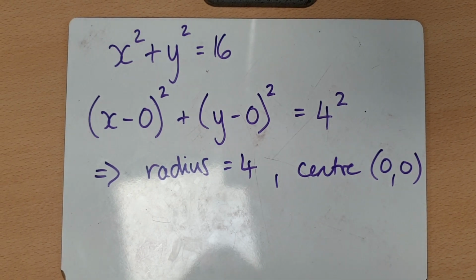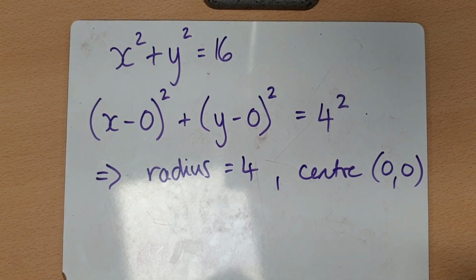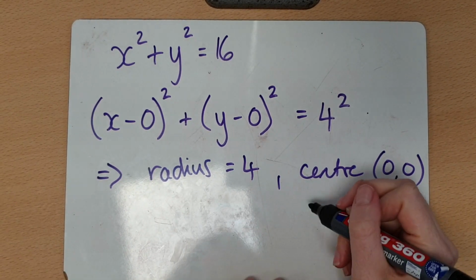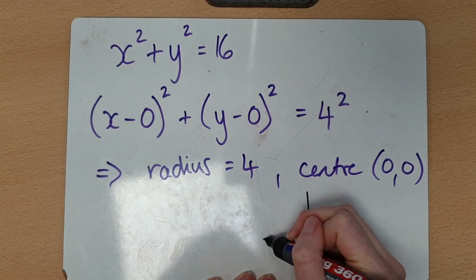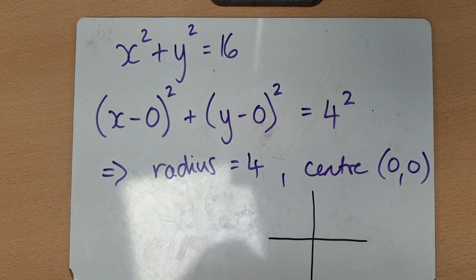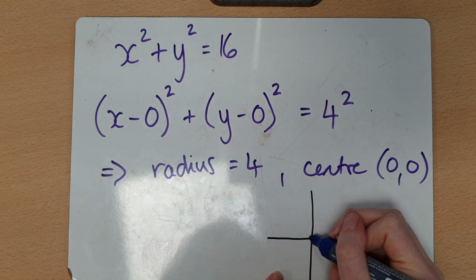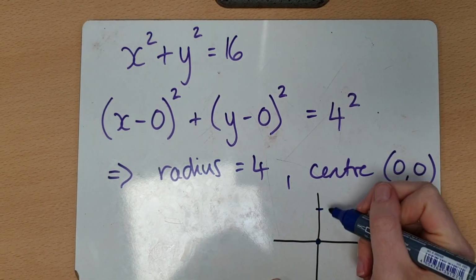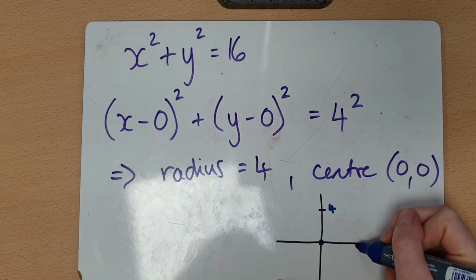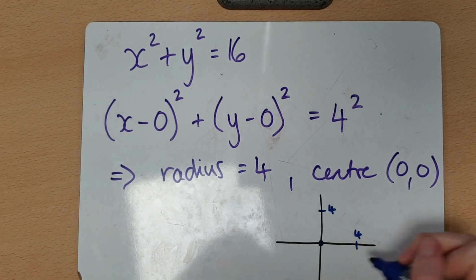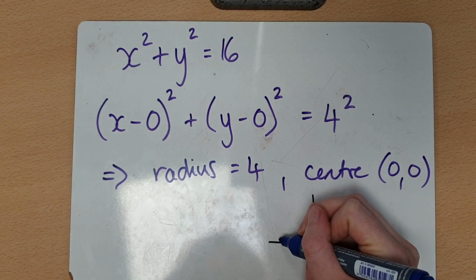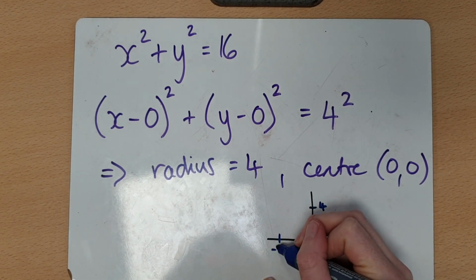So if I sketch this, I'm going to do a terrible version, but you can look at the book for a better version. You're used to my drawing by now. I'm going to draw a set of axes. The centre of the circle is at (0, 0), so it's going to be here. And the radius is 4, so that means it's going to hit the y-axis at 4, it's going to hit the x-axis at 4, but it's also going to hit the y-axis at −4, and it's also going to hit the x-axis at −4.